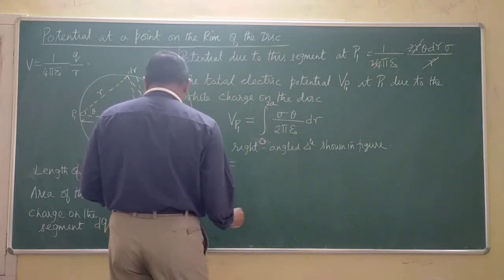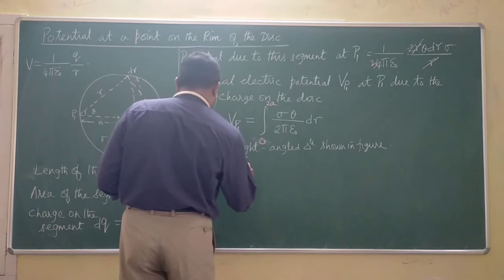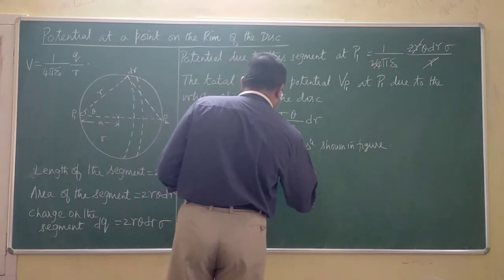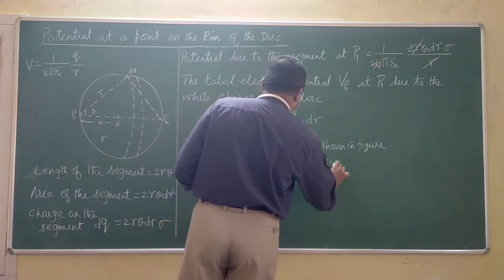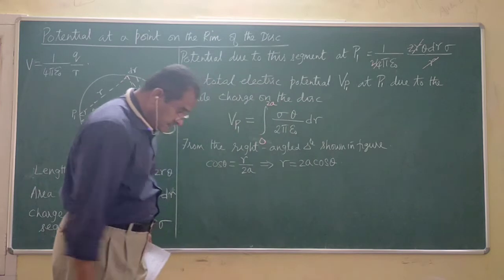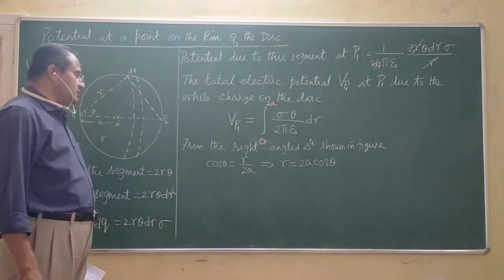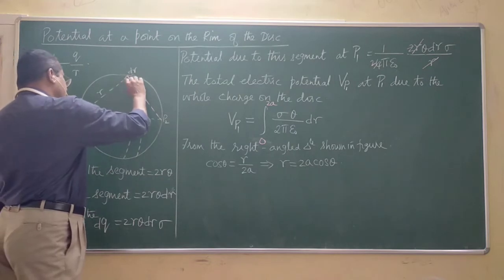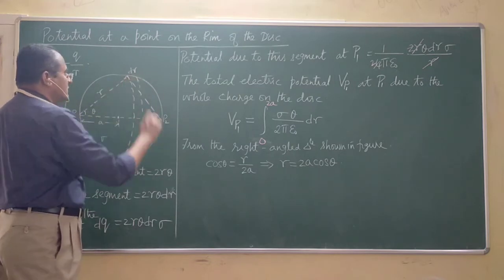Cos theta is adjacent side r by hypotenuse 2a. From this I can write r is equal to 2a cos theta. Is that clear to you? Adjacent side, this is the hypotenuse, this is perpendicular.